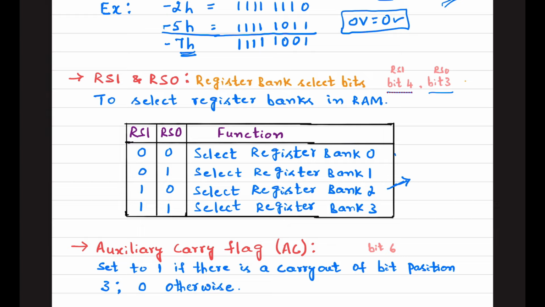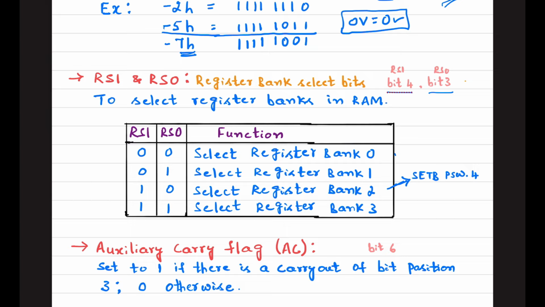RS0 must be equal to 0, RS1 must be equal to 1. So I can say SETB, and mention the position of the program status word, PSW dot 4. So bit 4 of the program status word will be set equal to 1.